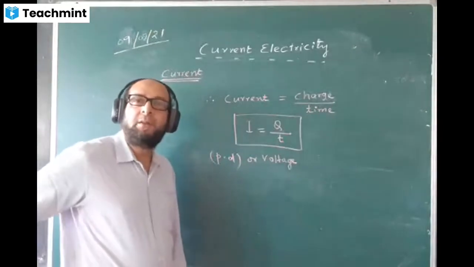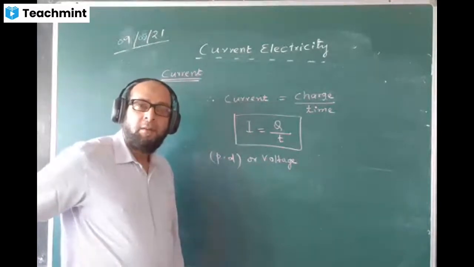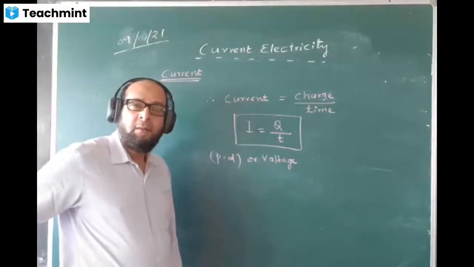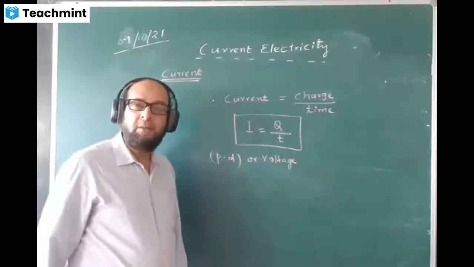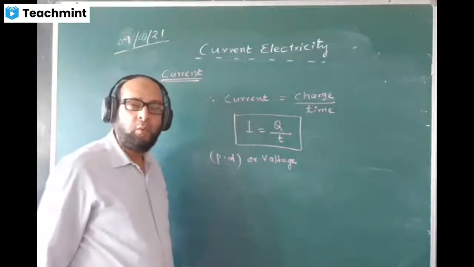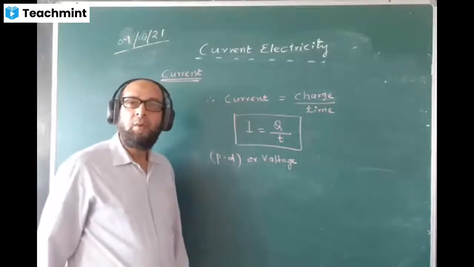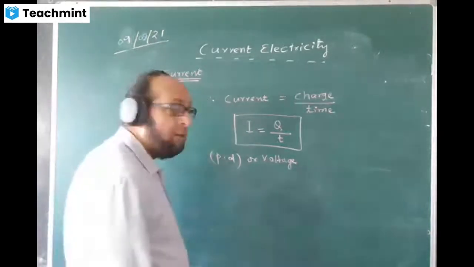Any other queries? So that means ground is negative and earthing is 0? Ground is at 0 potential. The potential of the ground is taken as 0. Okay, earth is 0.